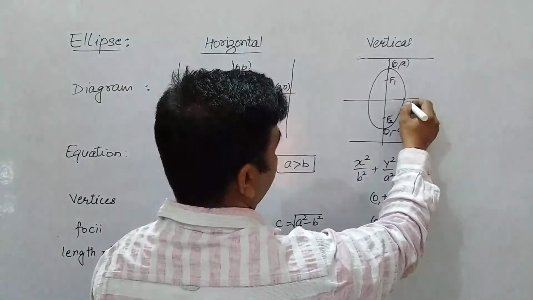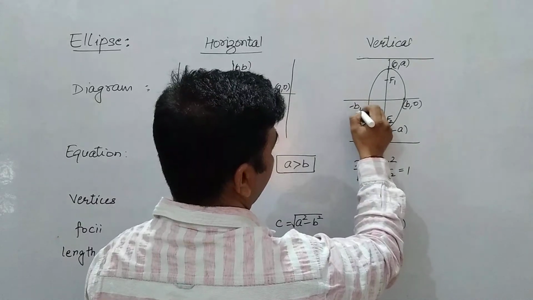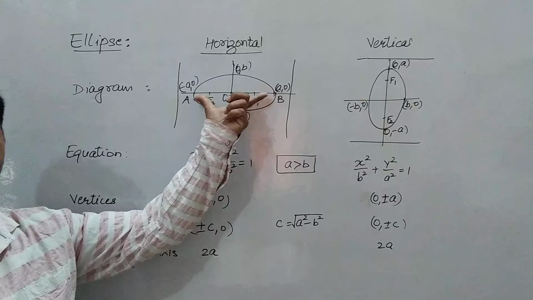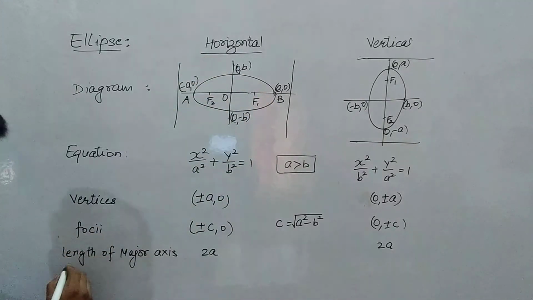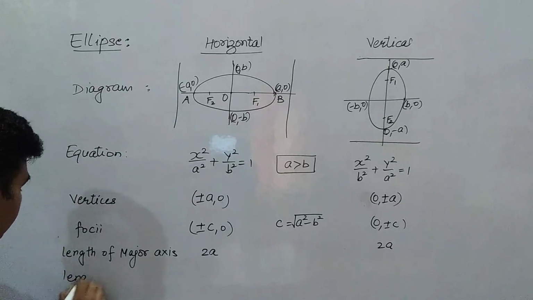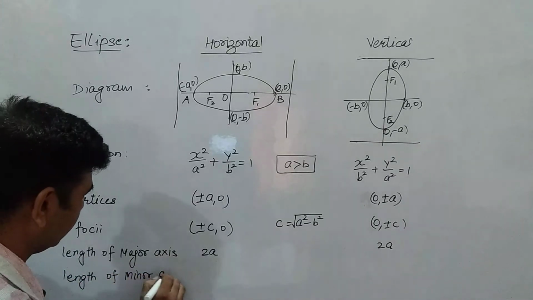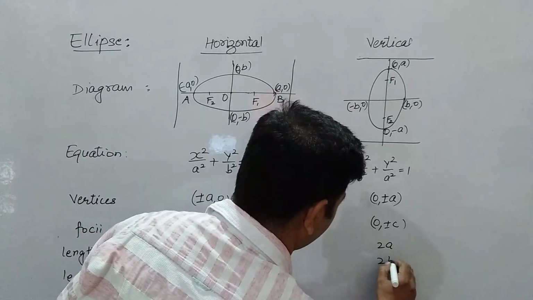Similarly, this is b comma 0 and this is minus b comma 0. So if the major axis has length 2a, then the length of the minor axis will be 2b. Length of minor axis is 2b, and this is again 2b.